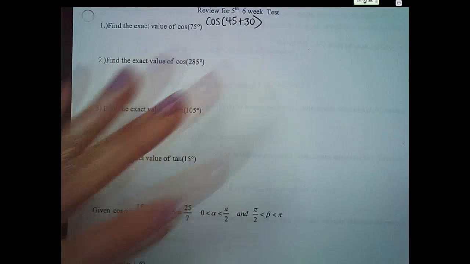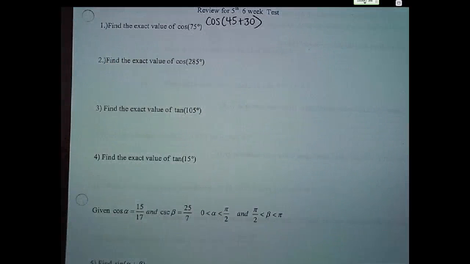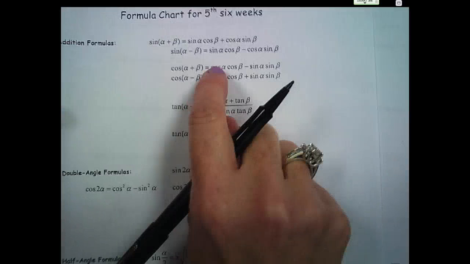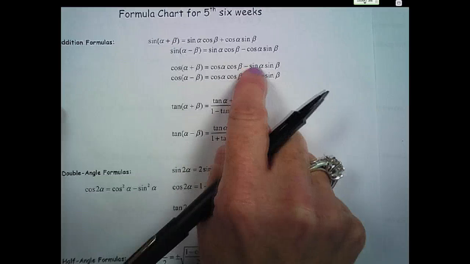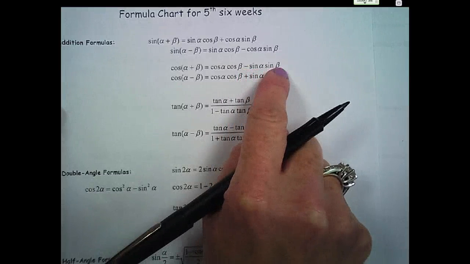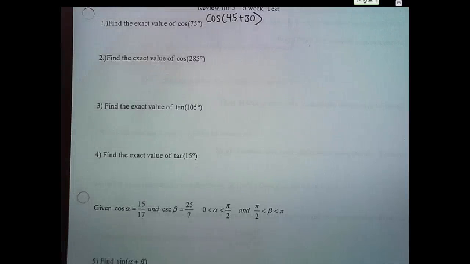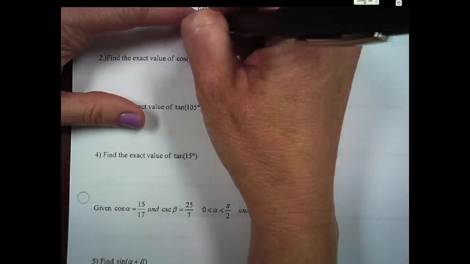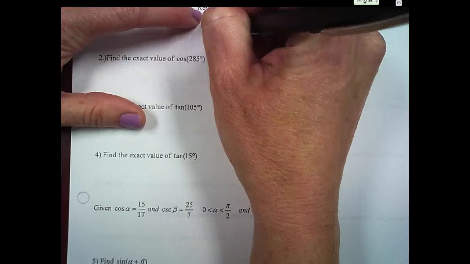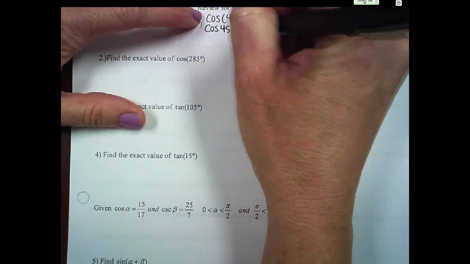If you use your formula, by looking at it, that's cosine alpha cosine beta minus sine alpha sine beta. Your job is to expand it. Just write that down. Which means we're going to write down cosine of 45 cosine of 30.